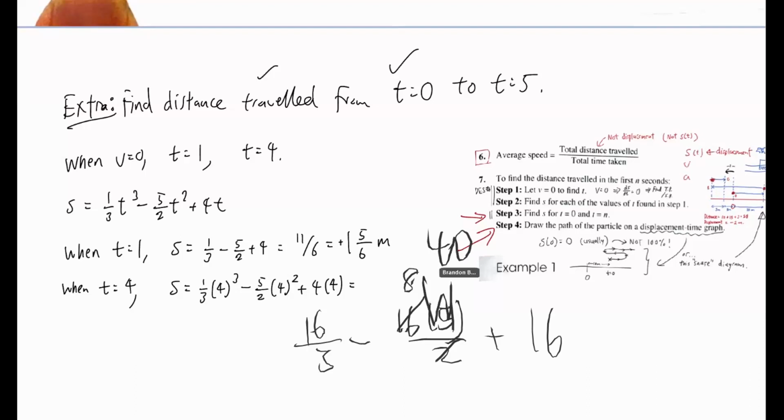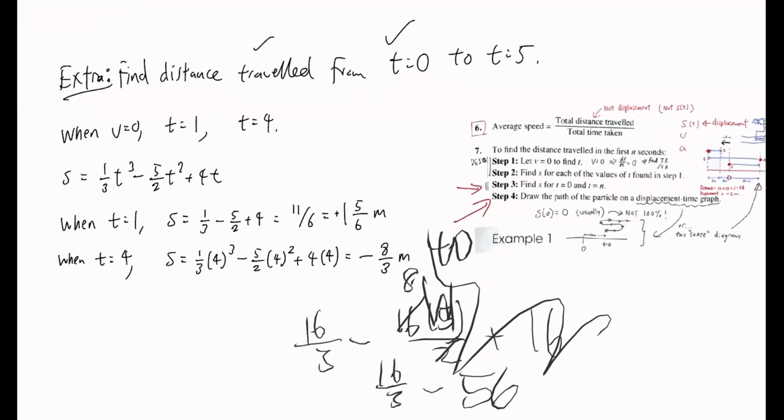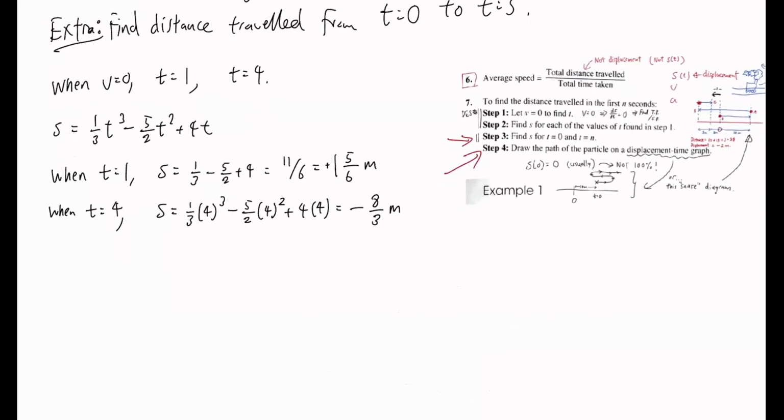Use our calculator. 64 over 3 plus 16 over 3 minus 56. I got negative 8 over 3. Yeah, that sounds right.